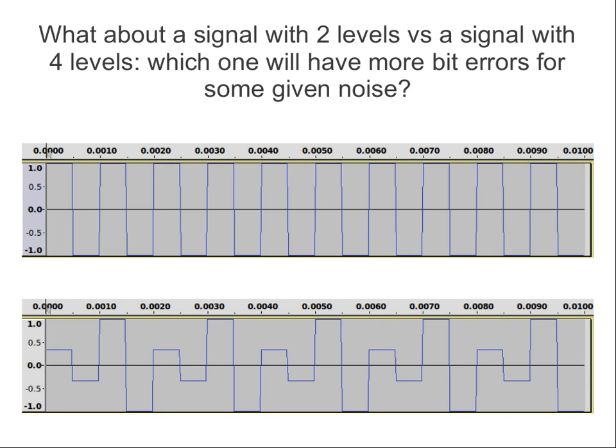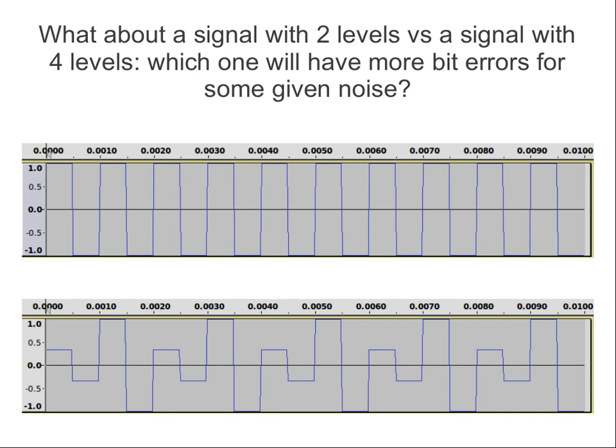The point here is that the more levels we have, with the same amount of noise, we've got more chance of bit errors. For example, if the noise was 0.5, in the first scheme, there will be no errors. But in the second scheme, if the noise is 0.5, there will be errors.